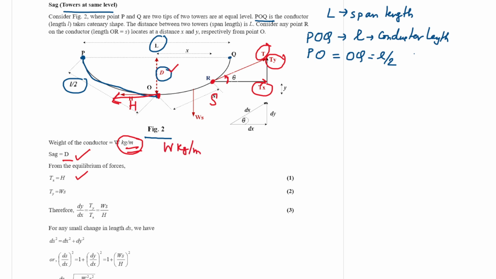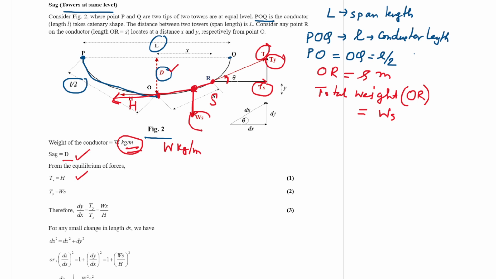Now if I consider a section of length S, from O to R, the total weight of the conductor from O to R is W into S, and that acts vertically downward at the midpoint of the section.